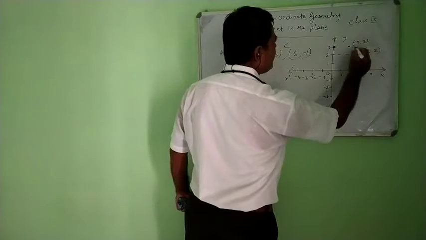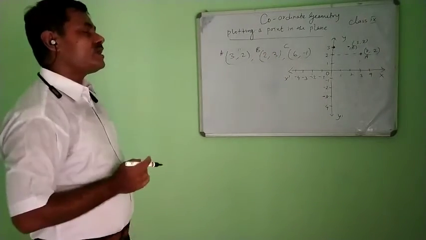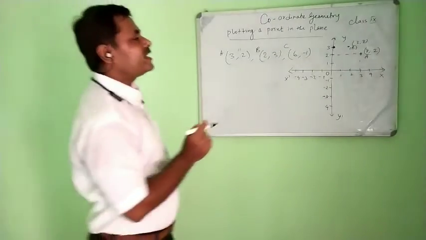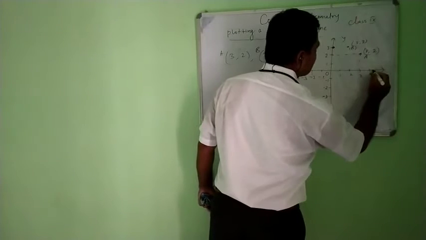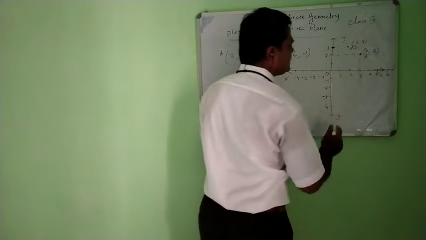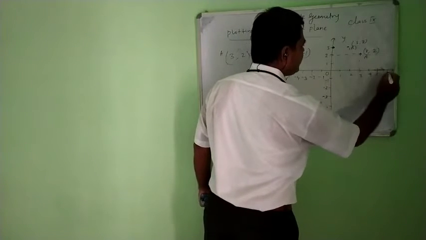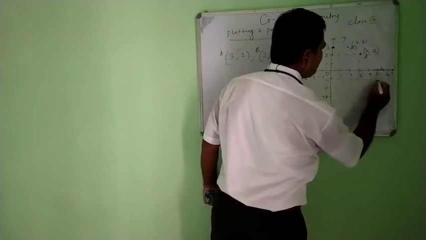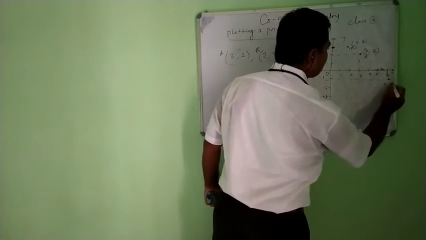This is A, this is B. Next one is (6, -1). We put the point there: 6 on the x-axis and -1 on the y-axis. This is (6, -1).